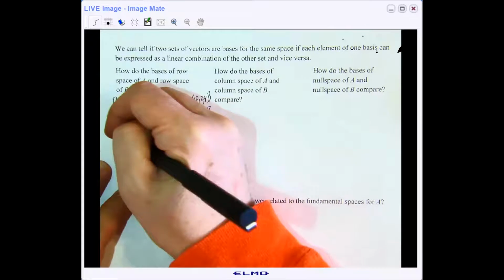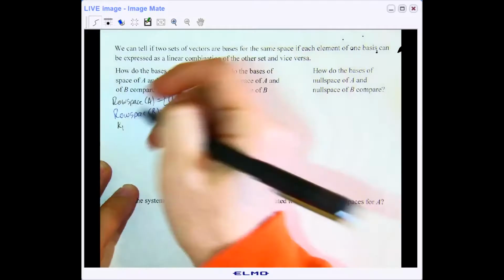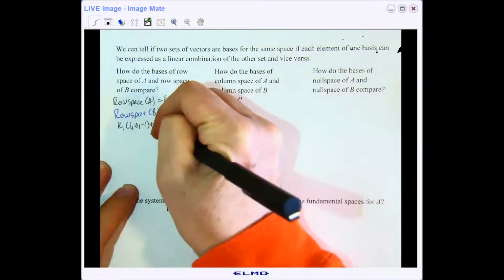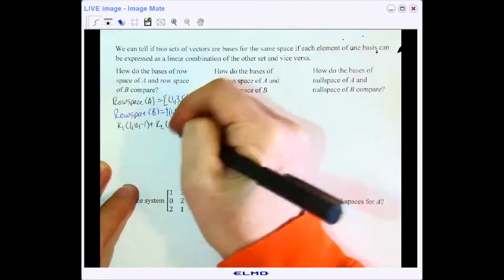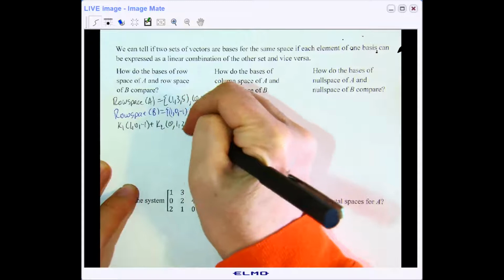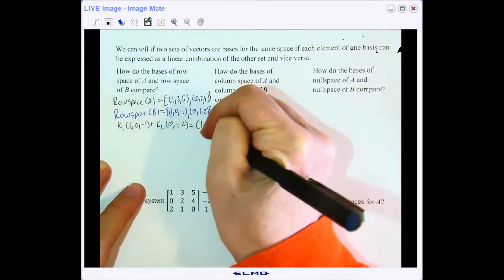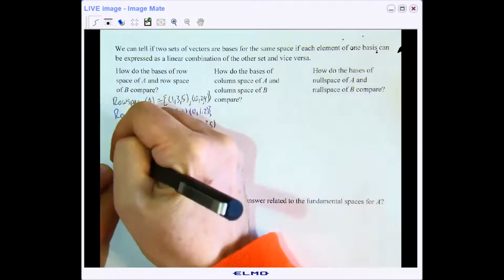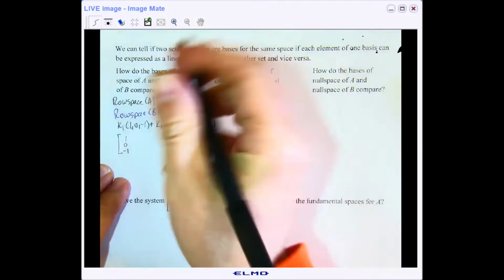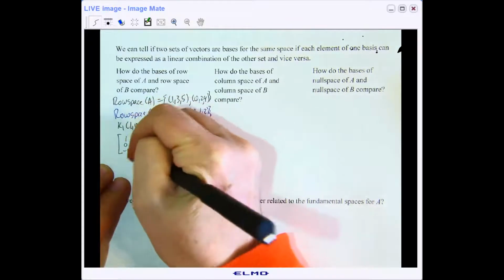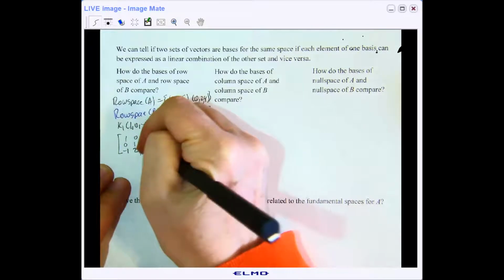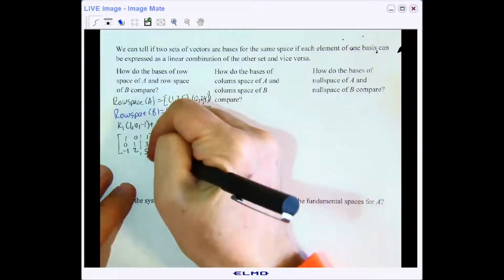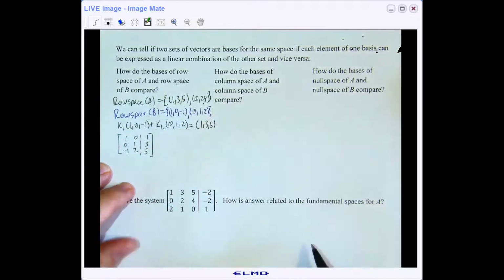So we want to see if there's some k1 times 1, 0, negative 1 plus some k2 times the vector 0, 1, 2 that will make the vector 1, 3, 5. That's going to set up for us a matrix, and let's see if we can figure this out pretty fast.